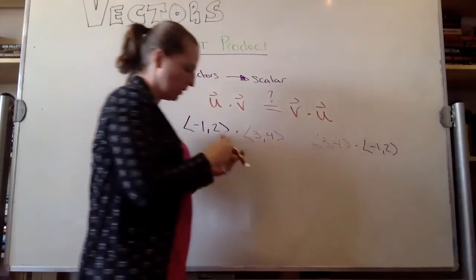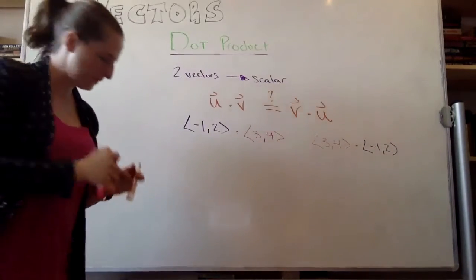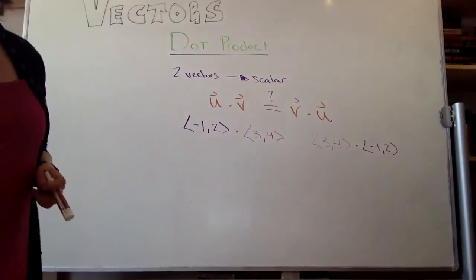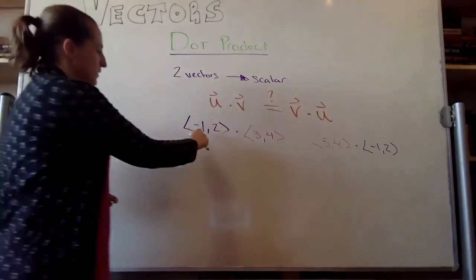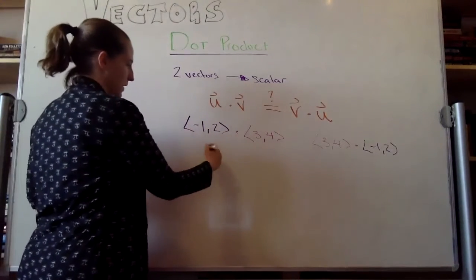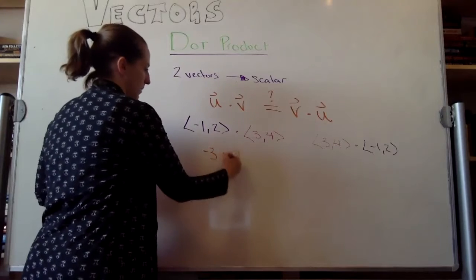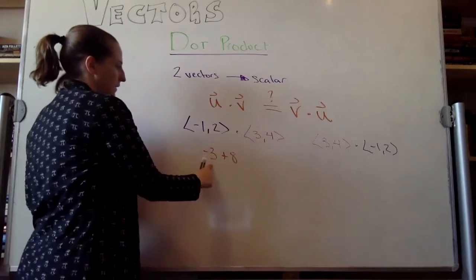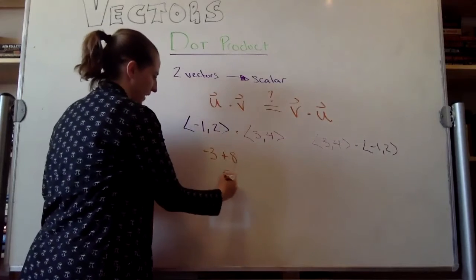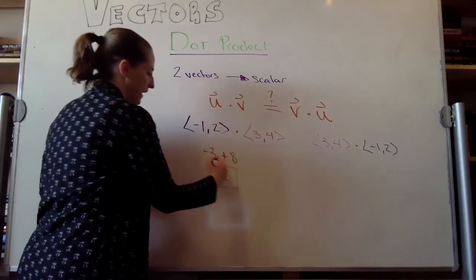Again, our goal is to see if these are commutative. -1 times 3 is -3, plus 2 times 4, which is 8. -3 plus 8 is 5. So U dotted with V is 5.